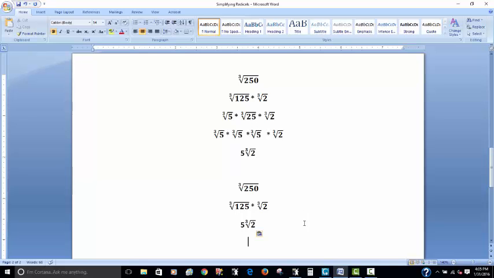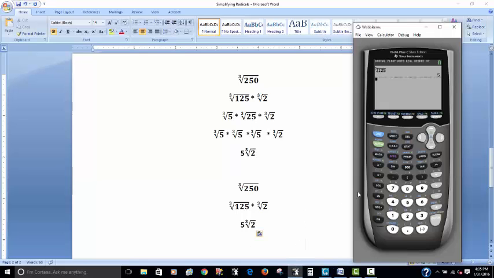Then the third method would be on the calculator. So let me clear this. What I would do, I would go to my calculator. The cube root of 250, I would type in 250 divided by x cubed, because I want to know what the cube root of 250 is.